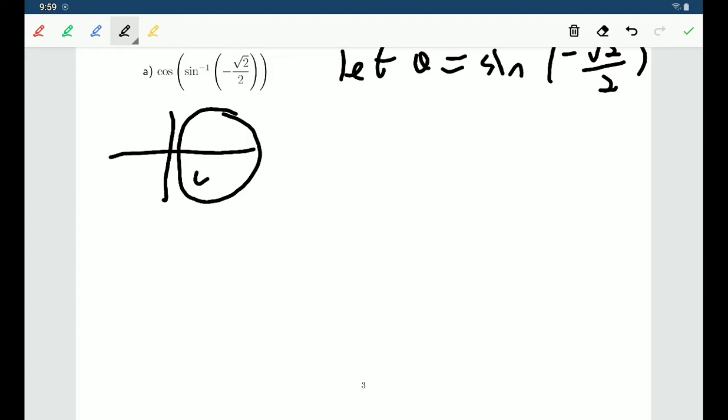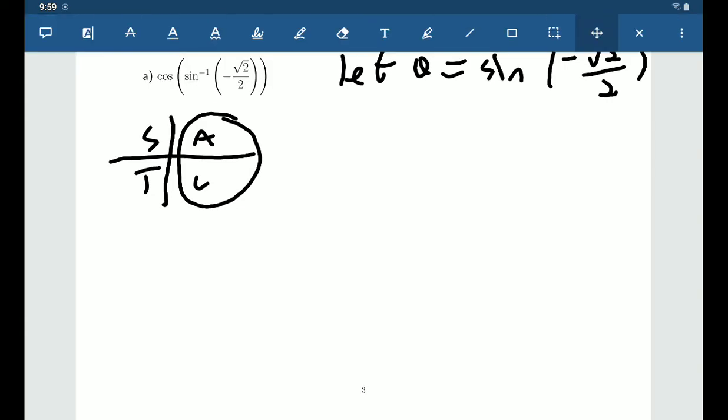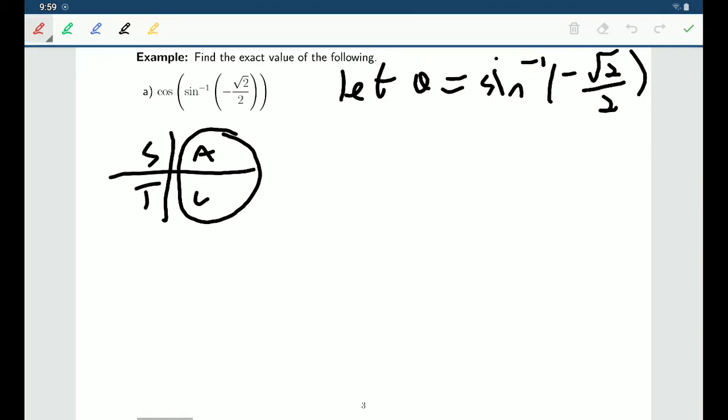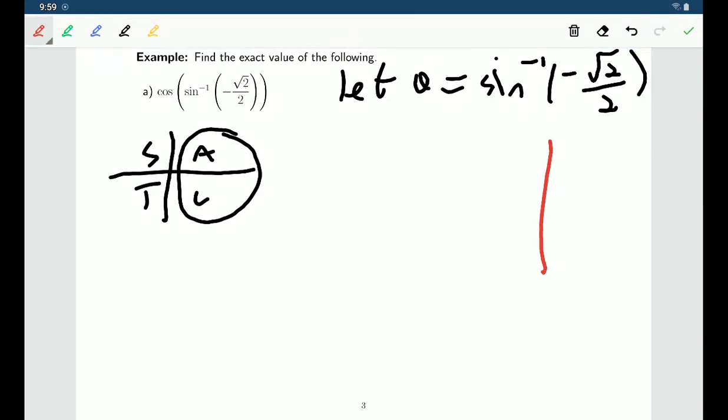We also know that in quadrant 1, sine is positive, and in quadrant 4, sine is negative. And what we're looking for is sine inverse of negative root 2 over 2, so we know already that our angle must be in quadrant 4.